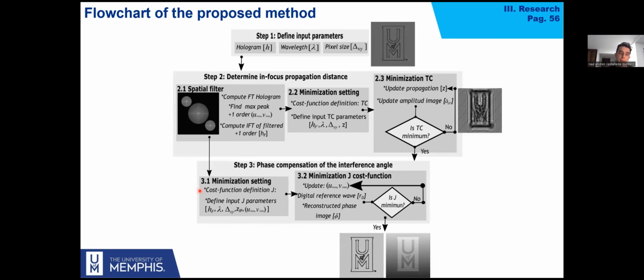So the last step is the phase compensation of the interference angle. This minimization is exactly the same that I introduced before, but there is a new element to define, which is the propagation distance that the algorithm found in step number 2.